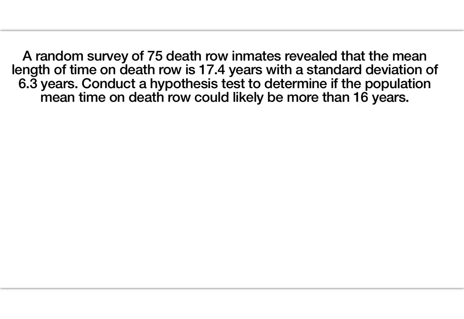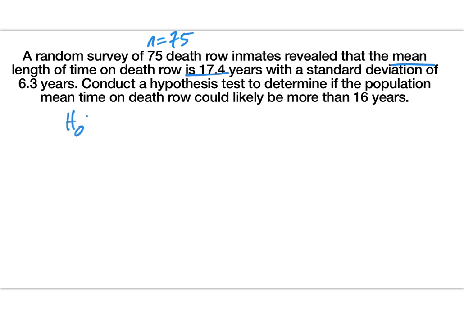So, with that in mind: a random survey of 75 death row inmates, so my n is 75, revealed that the mean, so I'm going to do a test about the mean, which eliminates a lot of the other things, right? Chi-squared and F-test are off the table. It's going to be either Z or T. For the length of time on death row is this.